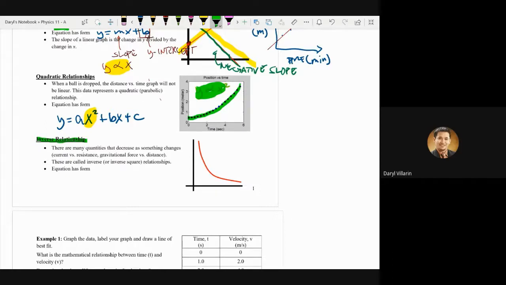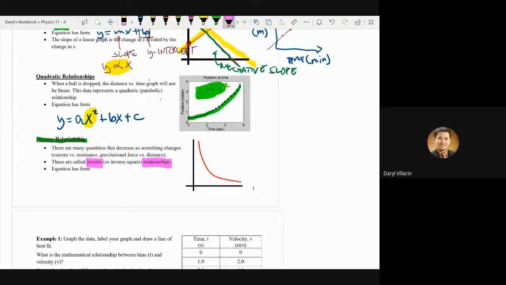As well as current versus resistance. If you increase the resistance, current should decrease. If you have that relation, we call that an inverse relationship.